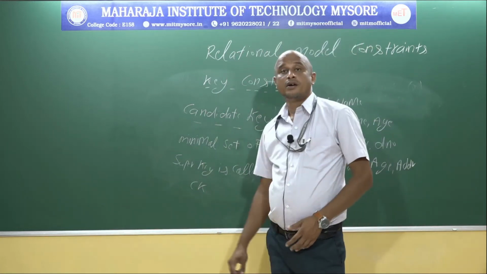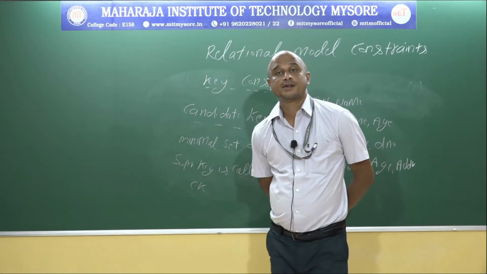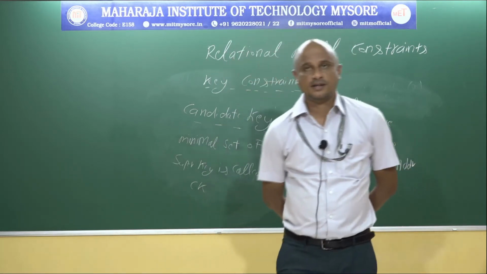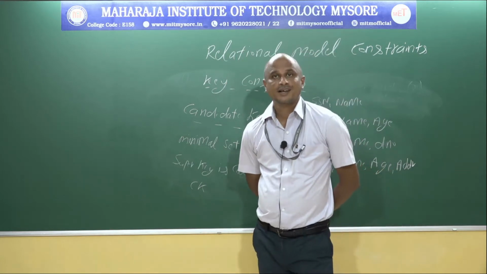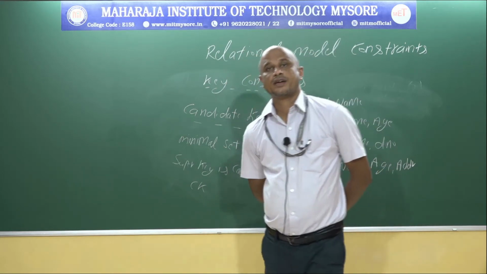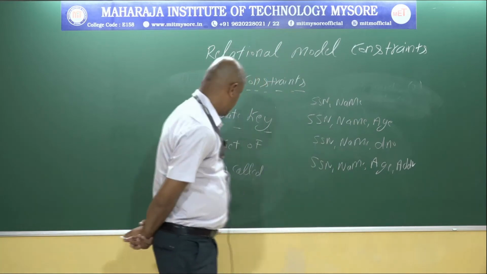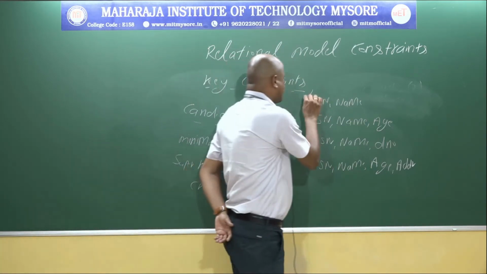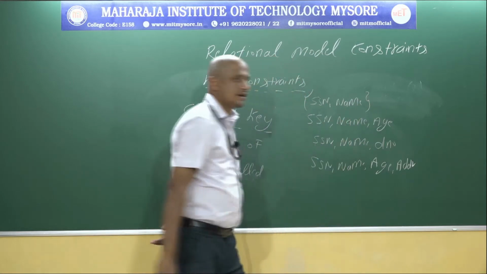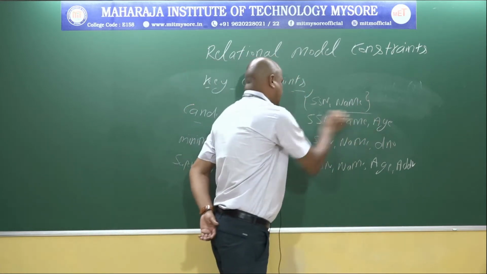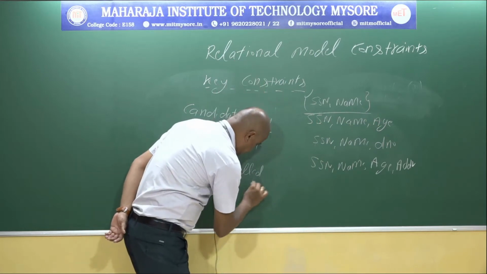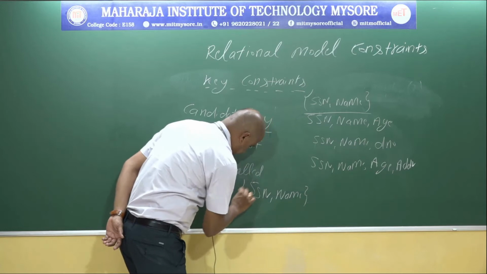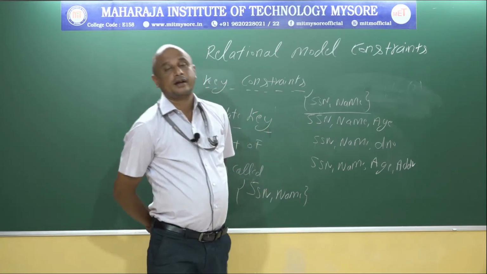See here, SSN and name can be picked as a candidate key. SSN comma name can be called a candidate key.